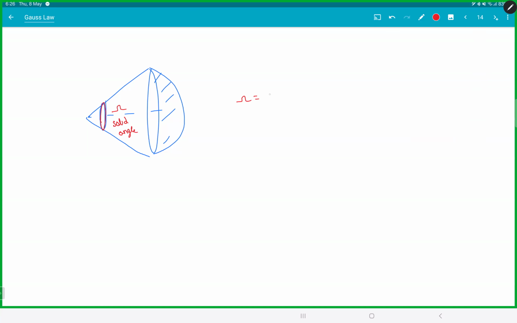Solid angle is defined as the surface area by r square. If I ask you to find the area of that, you actually have to use integration to find the surface area in the first place. So the solid angle for this part will be 2 pi r square 1 minus cos theta by r square.